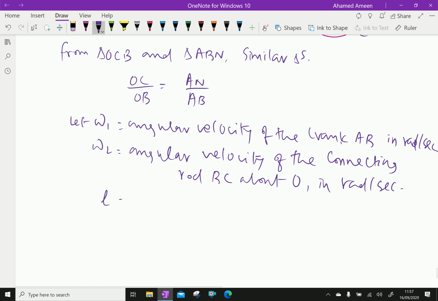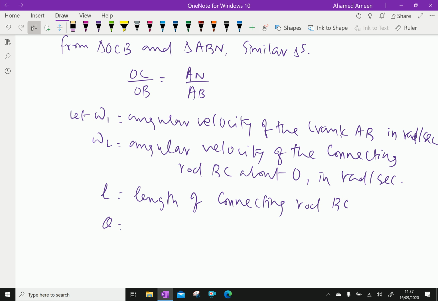Let L equal the length of connecting rod BC. Theta is the angle traversed by the crank in degrees.